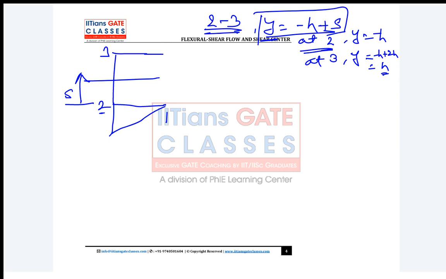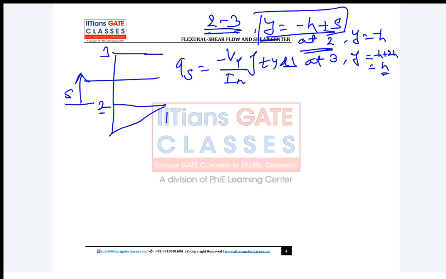Now guys, we know the y value and we know the shear flow at any section. Qs is minus Vy upon Ix integration t y ds for a channel section under Vy load.